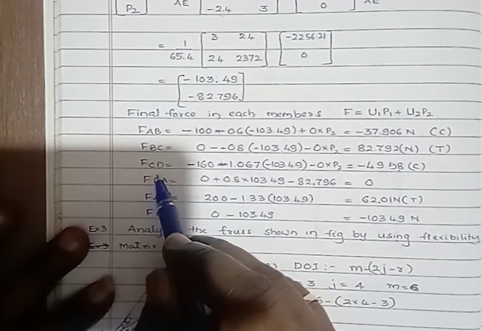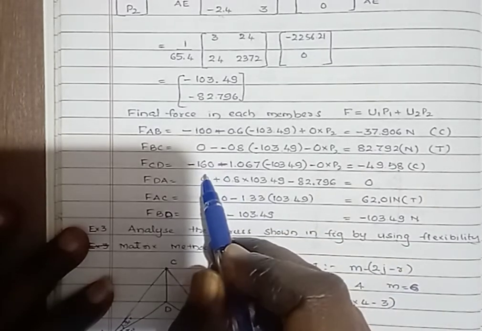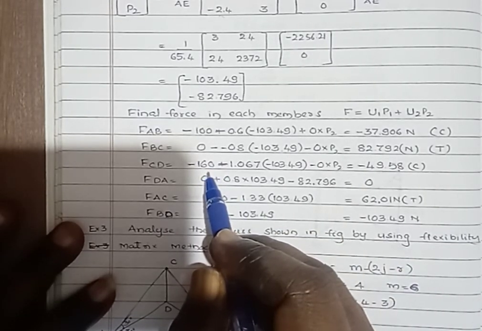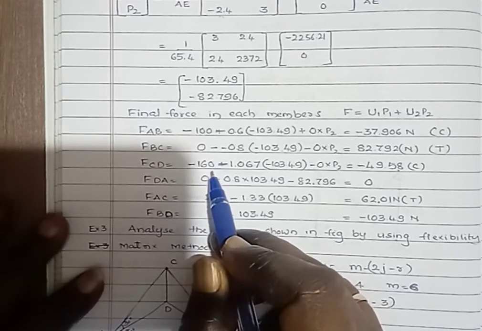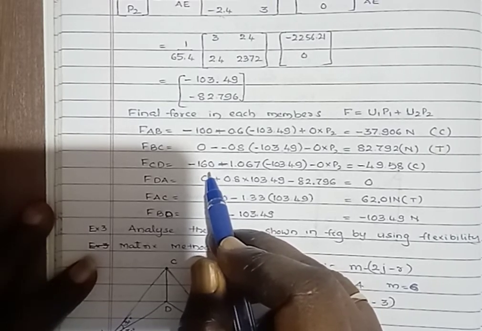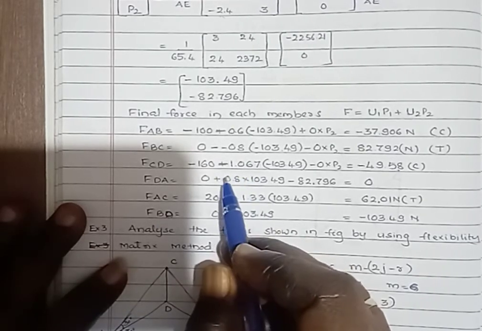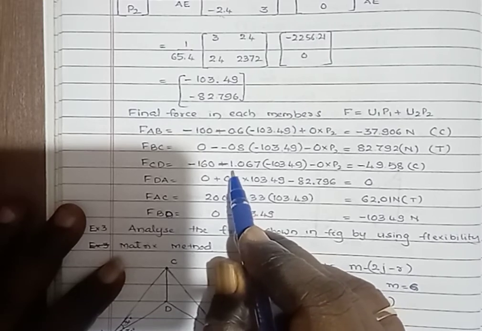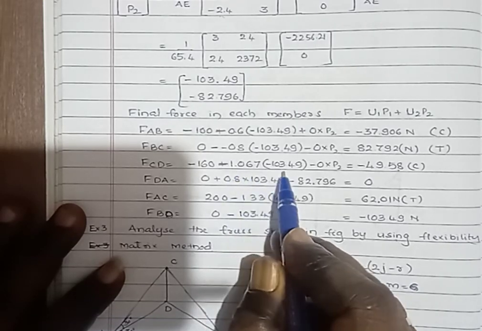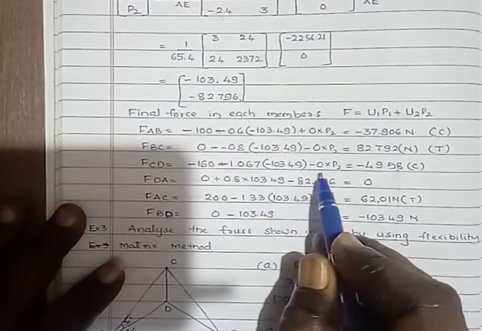Then the force in the member CD, one of the vertical members: the force in the member due to the applied load after removing the redundants is minus 160. Then the force in the member due to the unit load acting along the diagonal BD is minus 1.067, into the first redundant value minus 103.49.